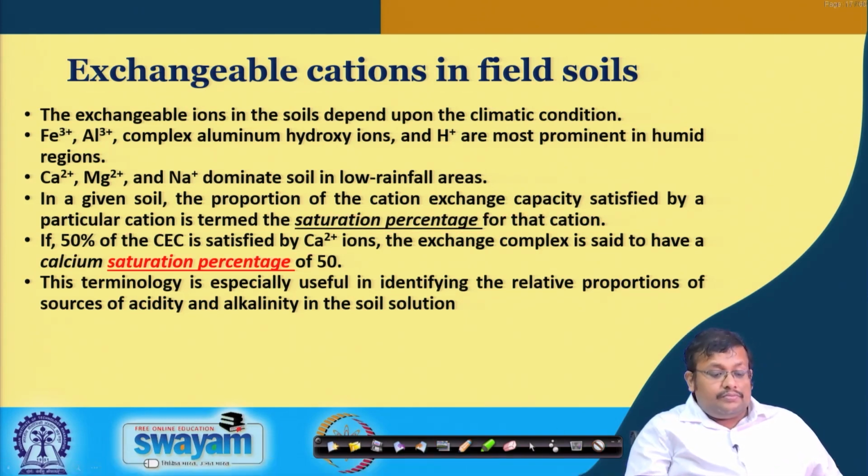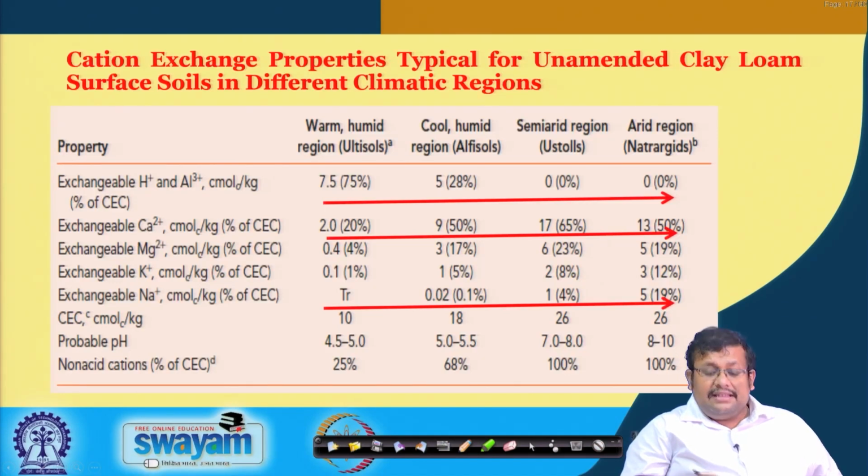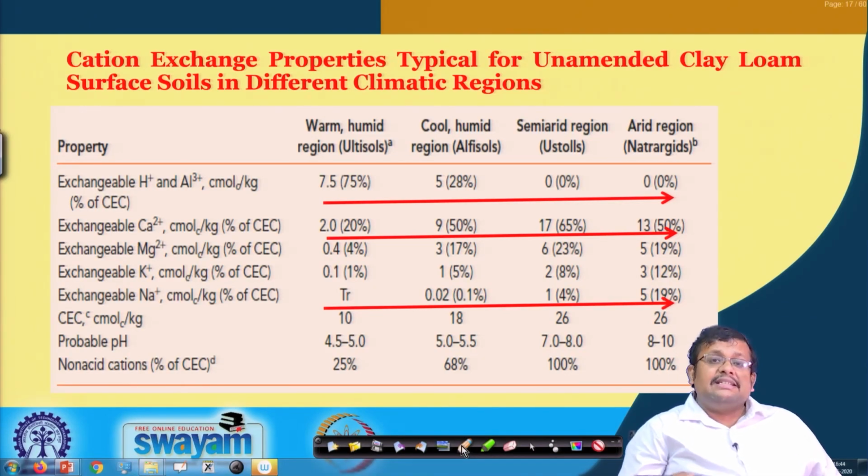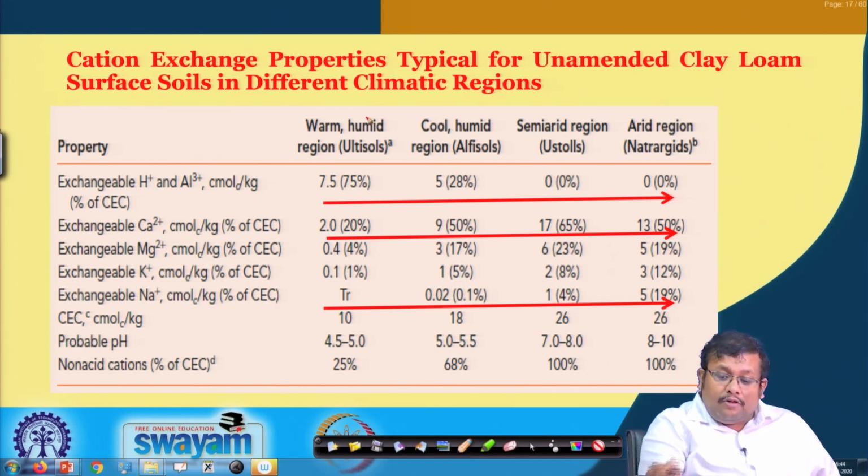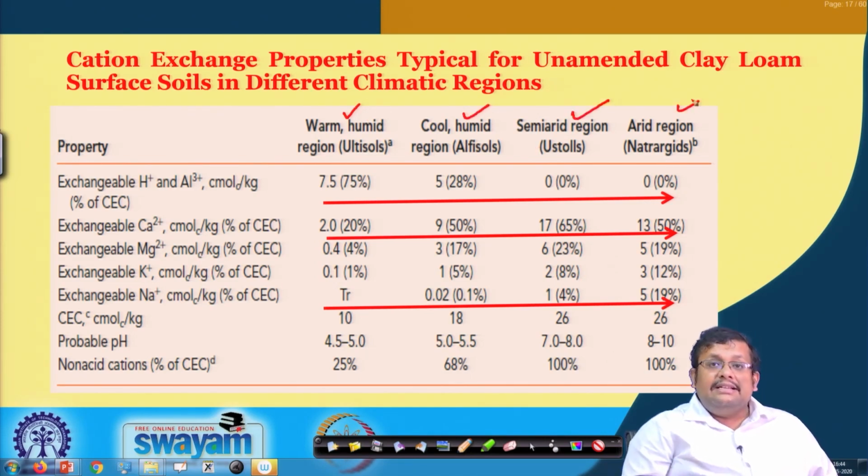So, if we move ahead, we can see this table, and this table shows a very important trend. The cation exchange capacity property is typical for unamended clay loam surface soil in different climatic regions. You can see there are 4 different climatic conditions: warm and humid, cool and humid, semi-arid and arid region.